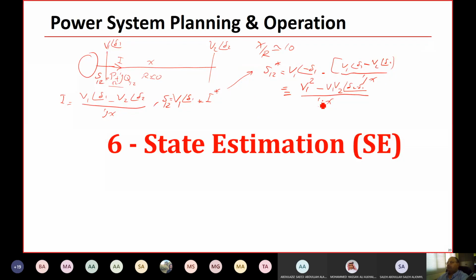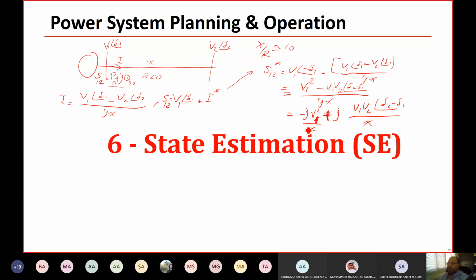Right? So can you remove this J from the denominator? So you can write this quantity as minus J V1 squared over X, minus J, so this will become plus J, V1 V2 with angle delta 2 minus delta 1 over X. Are you following me?